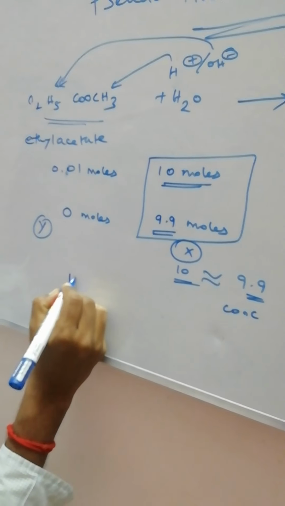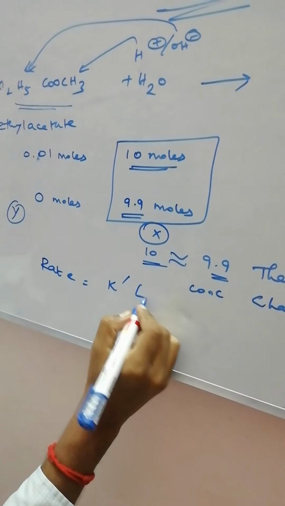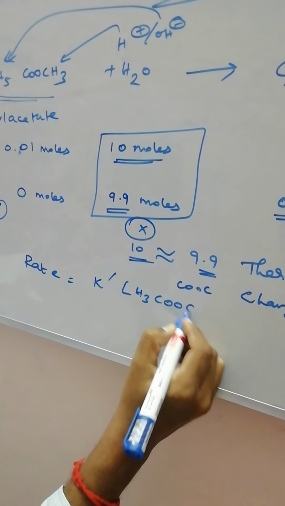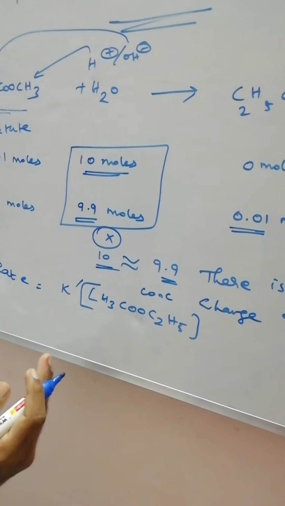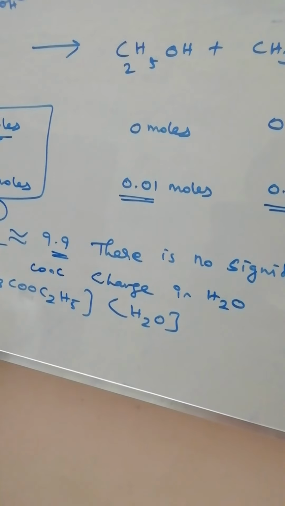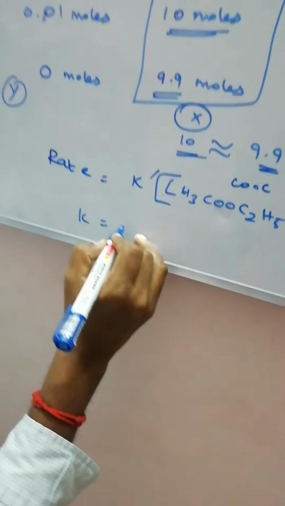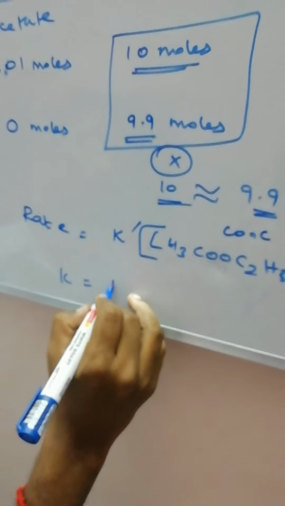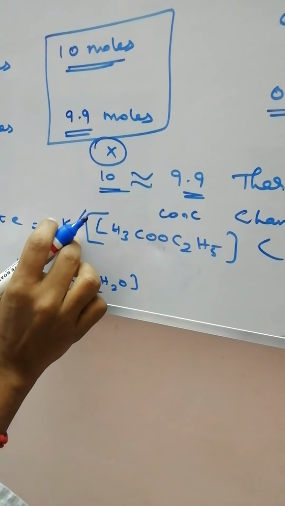So for this reaction, rate is equal to K prime [CH3COOC2H5], the concentration of the reactant, we know the rate law, into [H2O], the molar concentration of water. But we know K is equal to K prime [H2O]. Why? Because K prime is the rate constant.